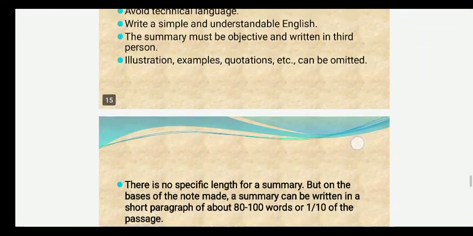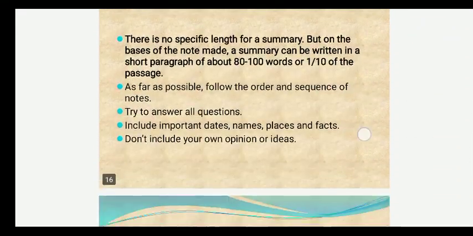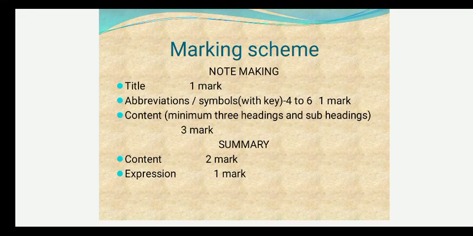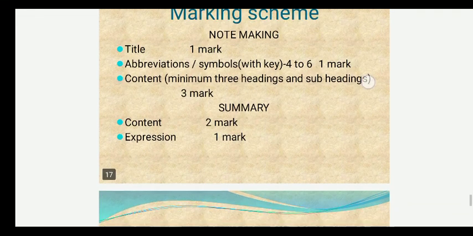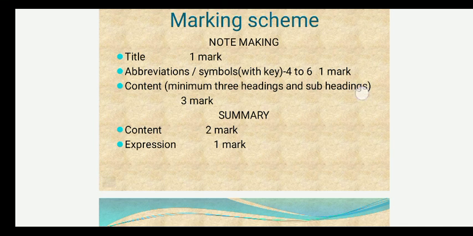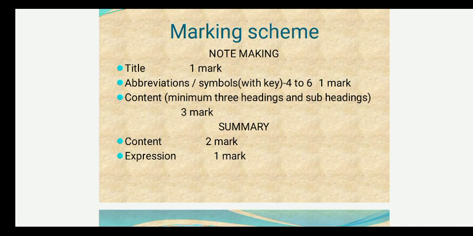And these guidelines you may go through, I have told in details. And this is your marking scheme. Last year there were some changes, but now you will get 4 marks for note making and 4 marks for summary, total 8 marks.